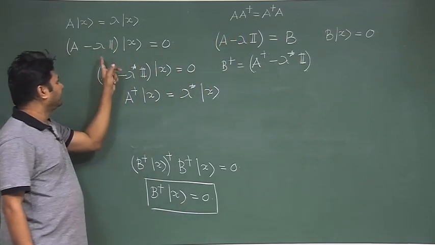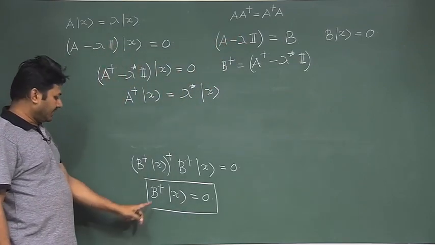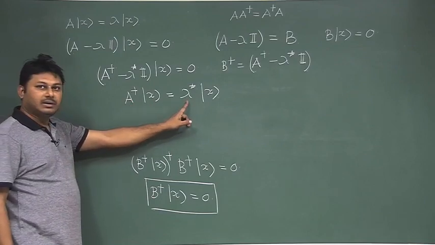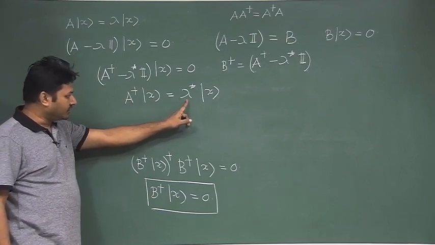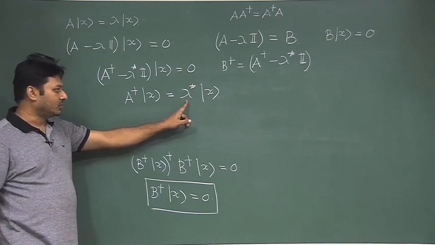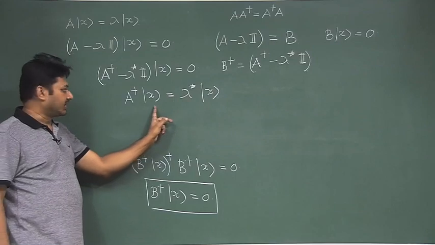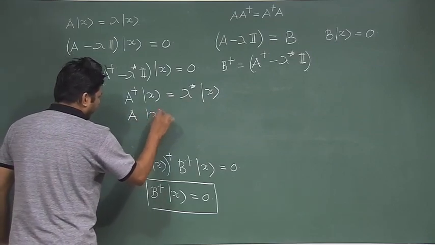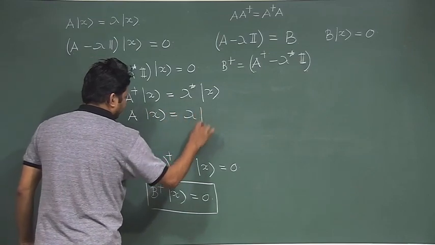If I do that, then you find that A Dagger operating over x is nothing but the complex conjugate. So the eigenvalue is nothing but the complex conjugate of the previous eigenvalue, with the same eigenvectors. So I will have these two equations in my hand if I write them side by side.